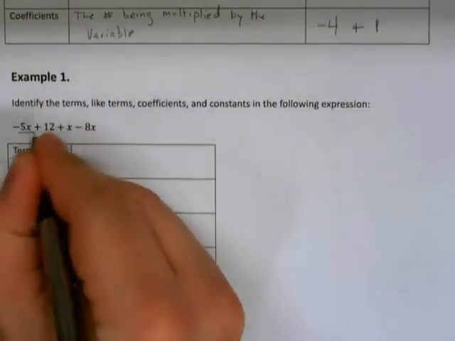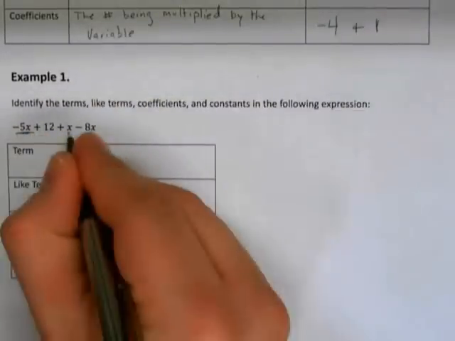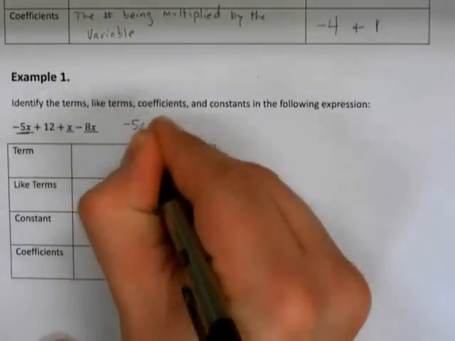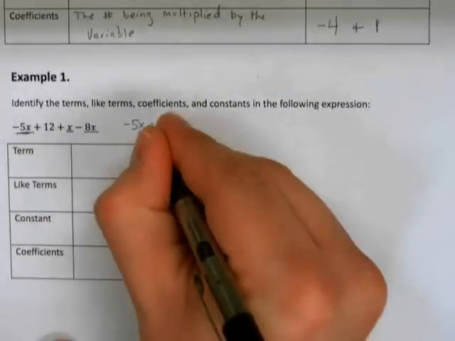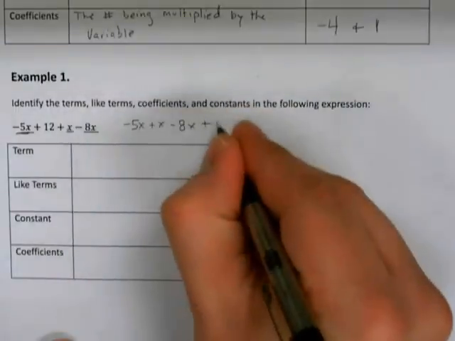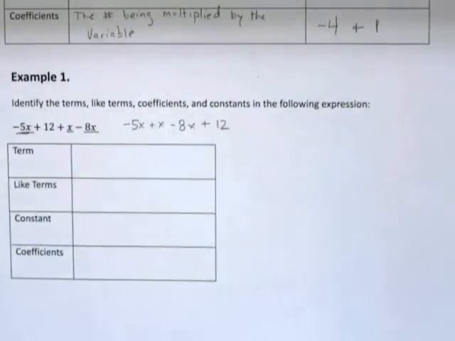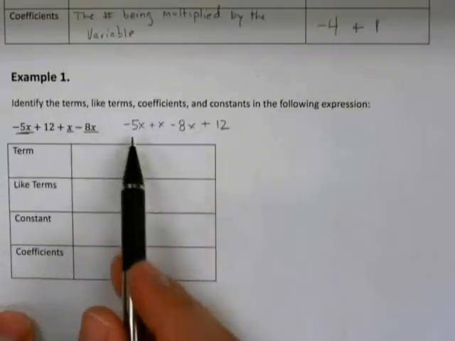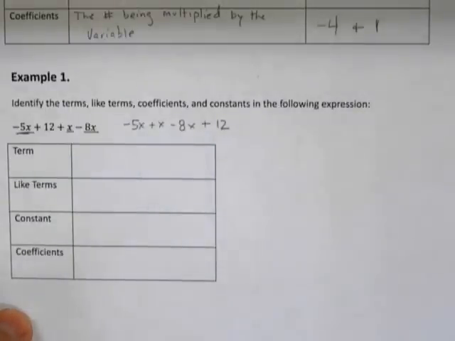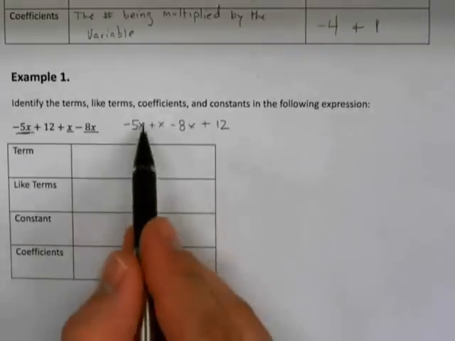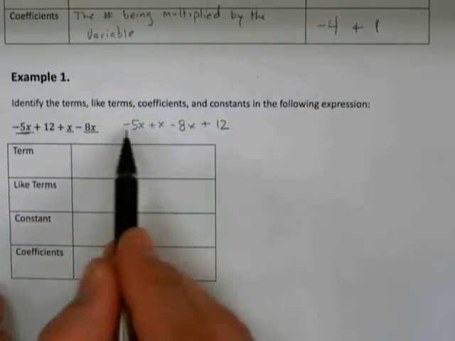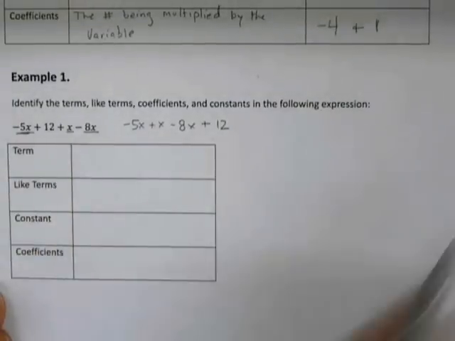I can reorder because of the commutative property of addition. So we have negative 5x plus x minus 8x plus 12. When we reorder, we put the terms with the highest variable power at the beginning and go back out to our constant.